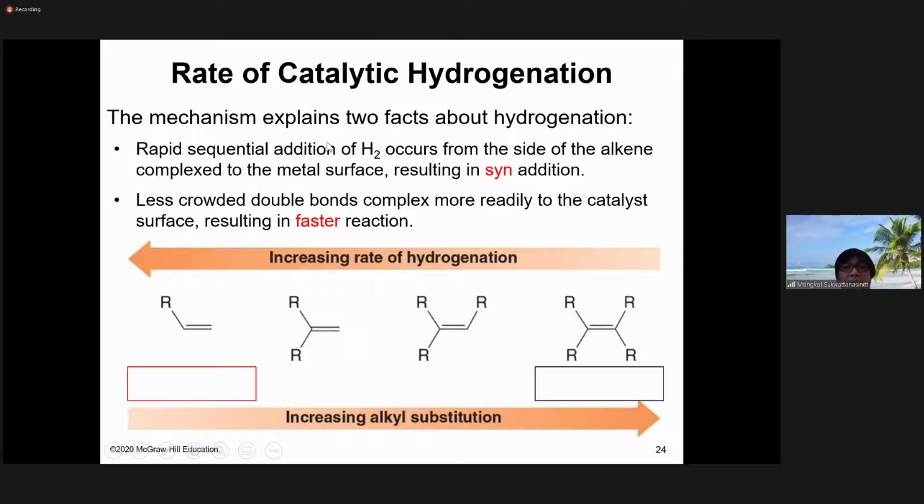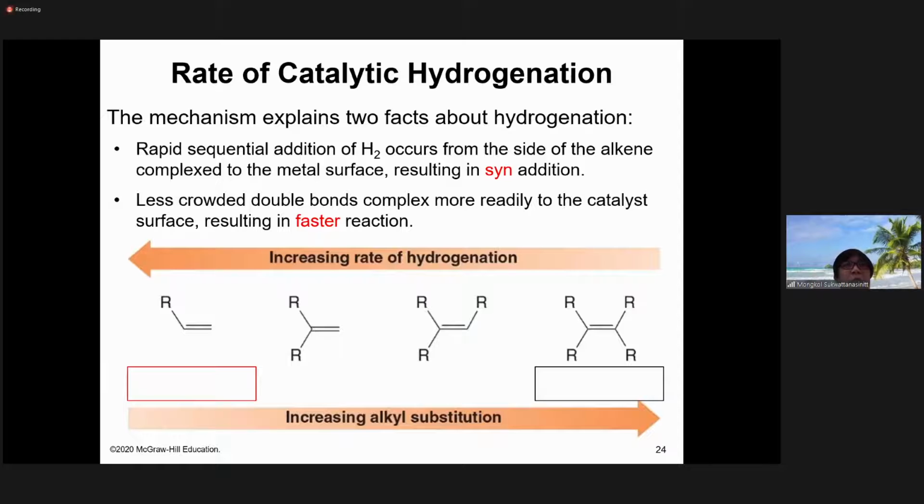Yeah, the mechanism explains the mode of addition being syn addition, and it also explains the reactivity of the alkene: when you have more substituents, catalytic hydrogenation goes slower, because the substituents inhibit the binding between the alkene and the metal surface.